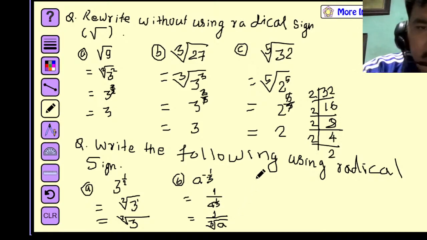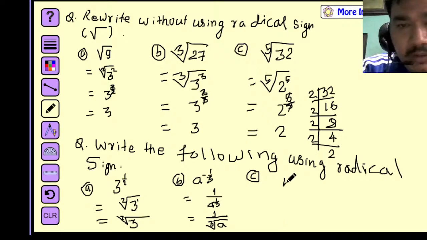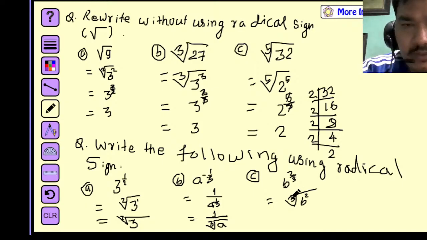Now look at C number. How to solve this type of question? If b to the power 2 by 3 is given, and the radical symbol is used, then you will write b to the power 2, and this cube root goes in this corner, right?